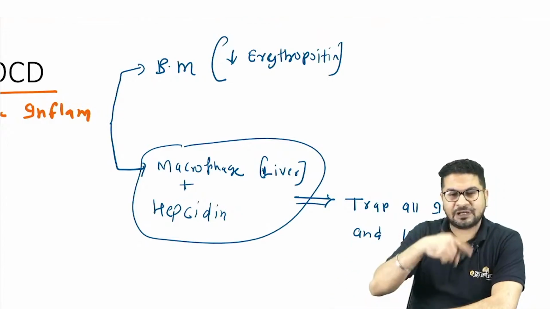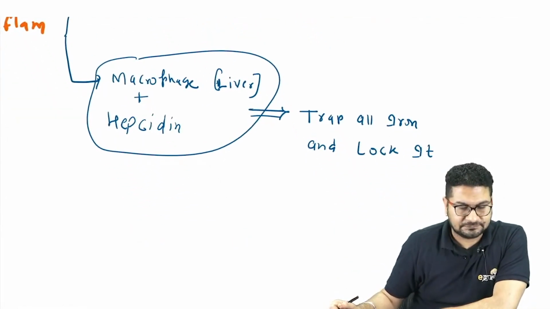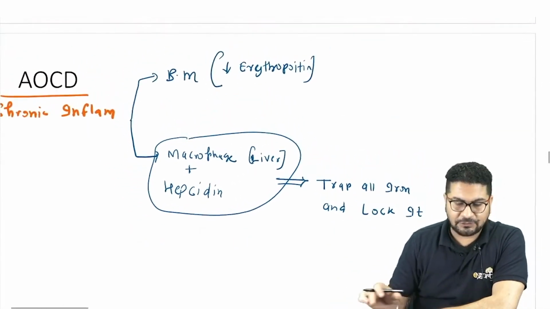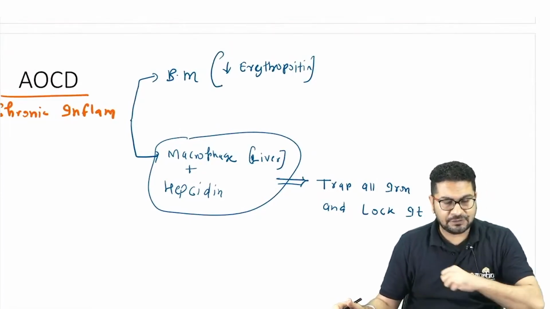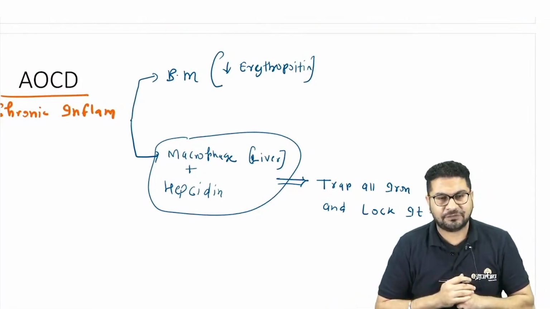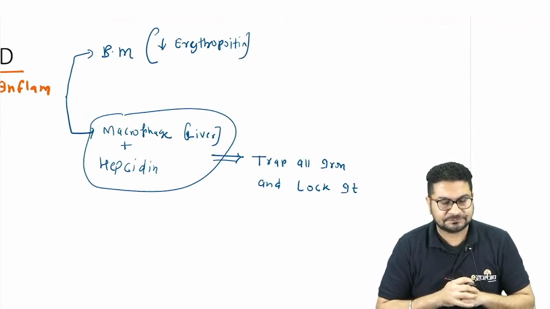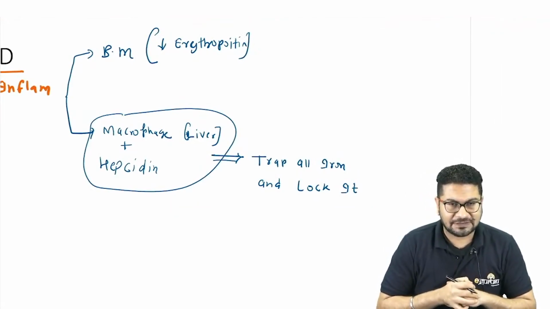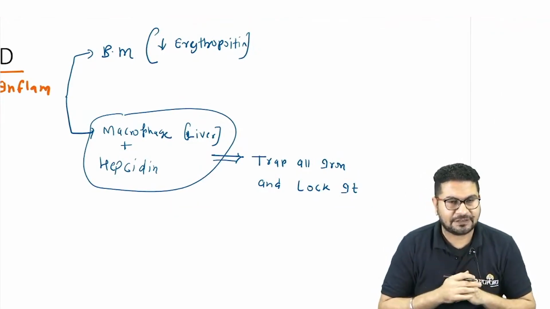Lock it means they put a lock on it. So initially the patient is having macrophages trapping all the iron, so there is decreased iron available.